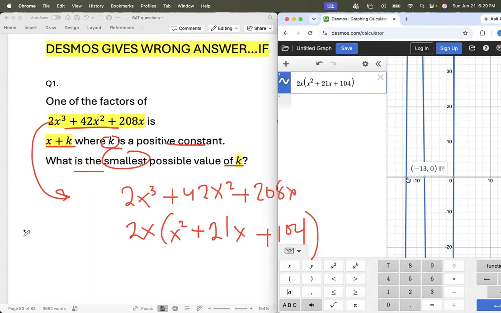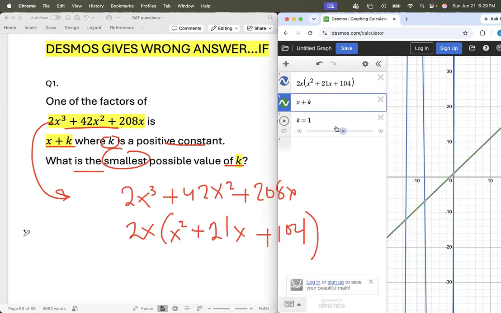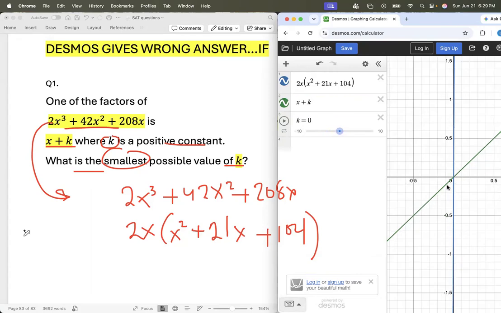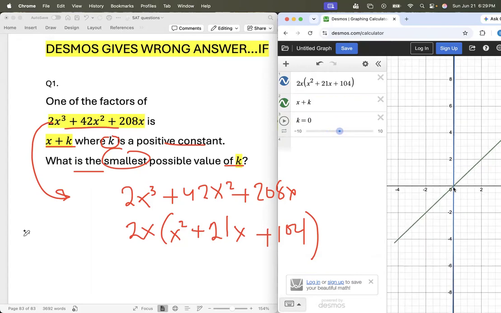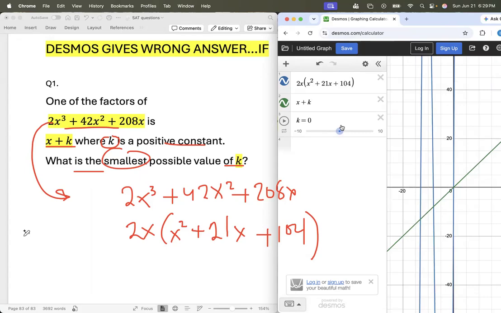The roots are minus 13, minus 8, and 0. If x plus k is a factor, then when we pick a slider, it should go through all those points. So let's go. We're picking a slider, and the first point we went through is exactly 0. You see, it lined up perfectly. So that's our first point. The second point we're going to go through will be the 8 over there.